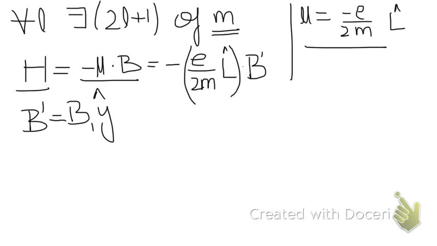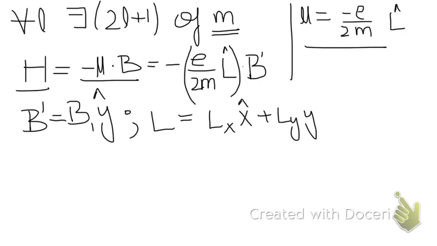So also then note that my L, because it's a vector, can be written in components, as my Lx x hat plus Ly y hat in the y direction plus Lz in the z direction. So these are the components of my angular momentum.